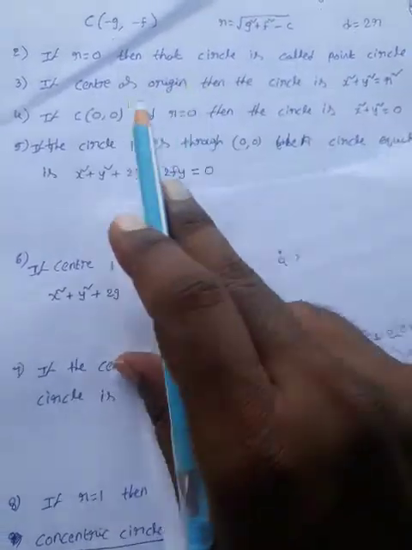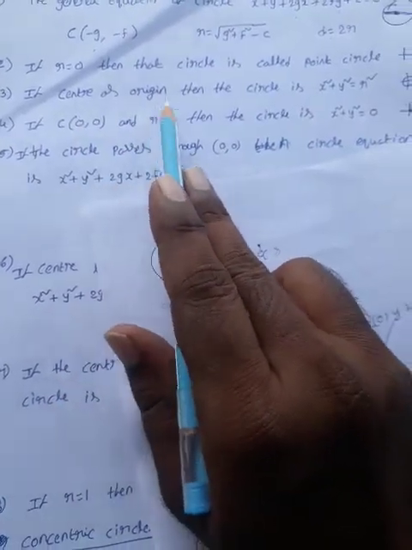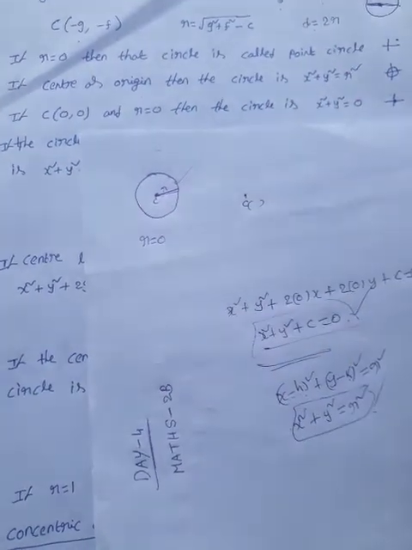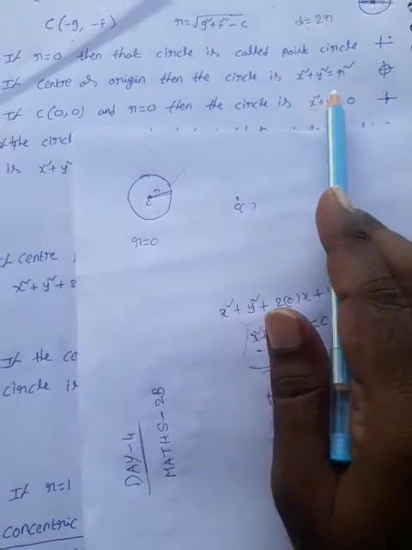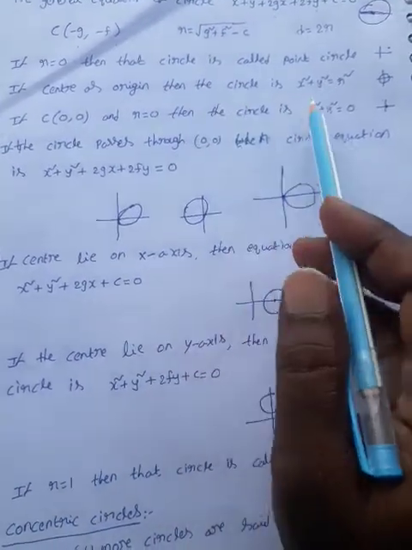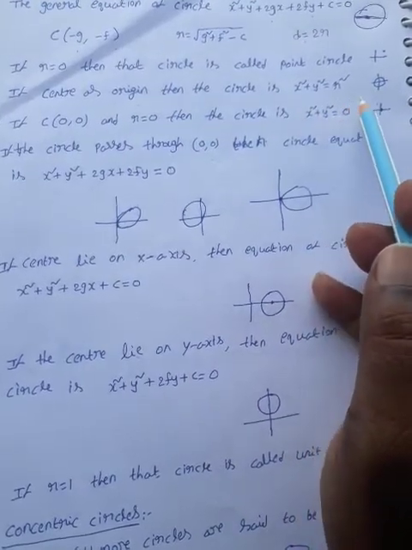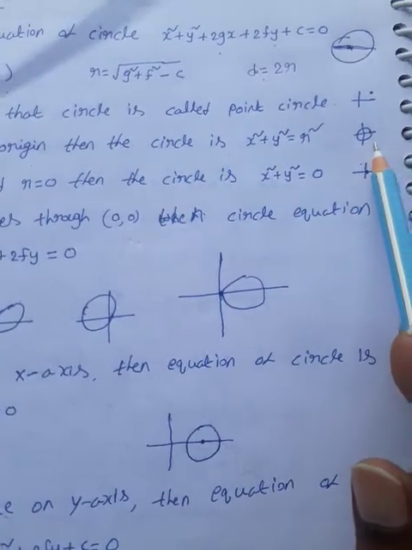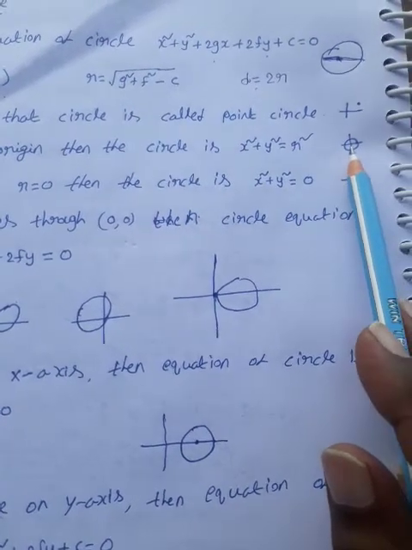So if the center is origin, then the circle equation is x square plus y square is equal to r square, or x square plus y square plus c is equal to 0. See the diagram. The center is the origin.